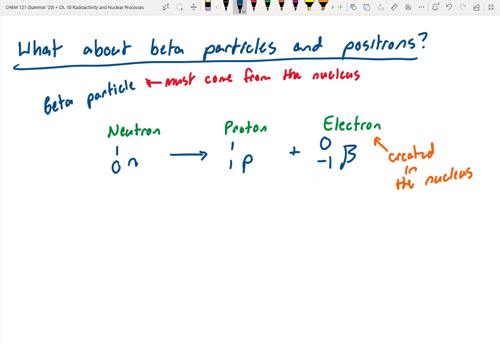All right, now let's take a look at positrons. Positrons are essentially the reverse process. So now let's imagine that we have a proton, right? And with a proton, I'm going to have it spontaneously change into a neutron.